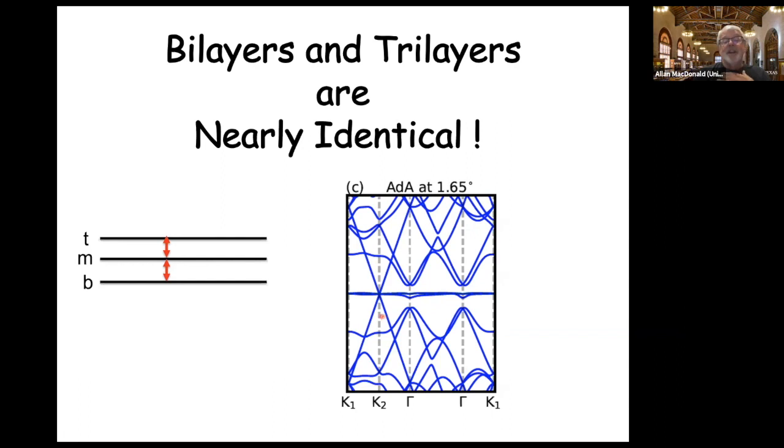But if you just look at the even parity states, they're essentially the same as in twisted bilayer graphene. So I would argue that it's almost certain that the mechanism of superconductivity in bilayers and trilayers is the same. And so that assumption will underlie the conclusions that I reach below.